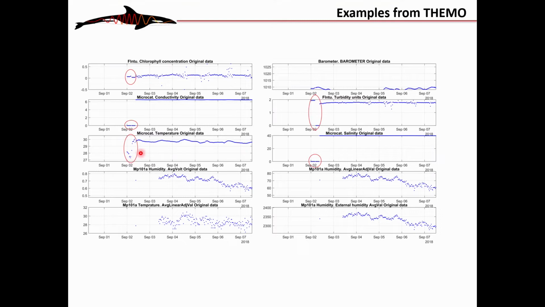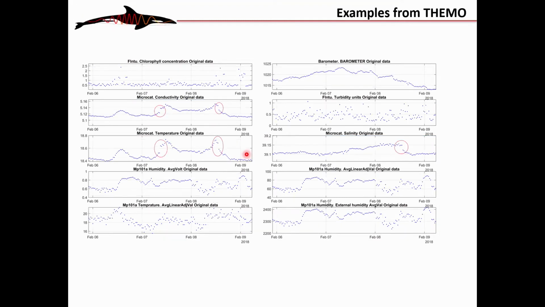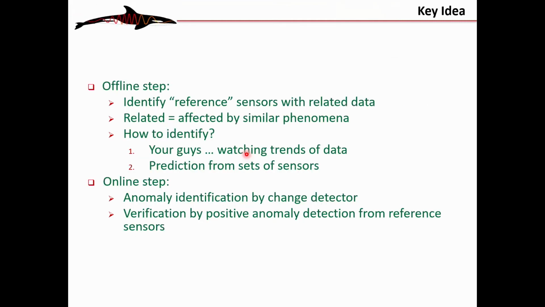These anomalies may actually be true, and they are very important. It shows on the turbidity, the salinity, the conductivity and the chlorophyll. So it's probably right. There's something there. It's not just a glitch by itself. So this is the idea. This is another example here.